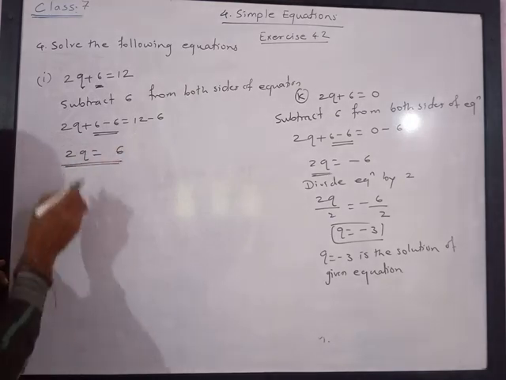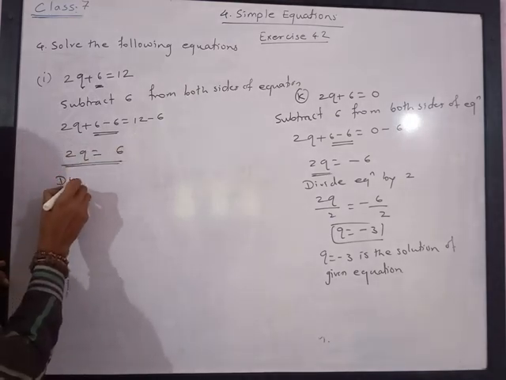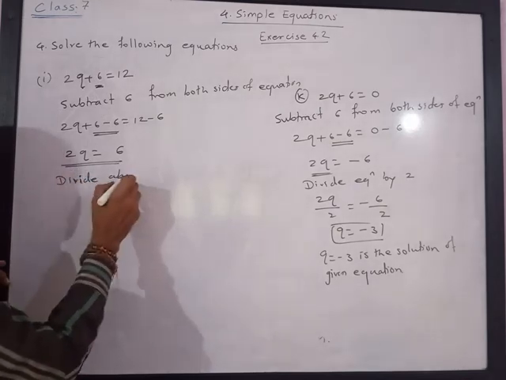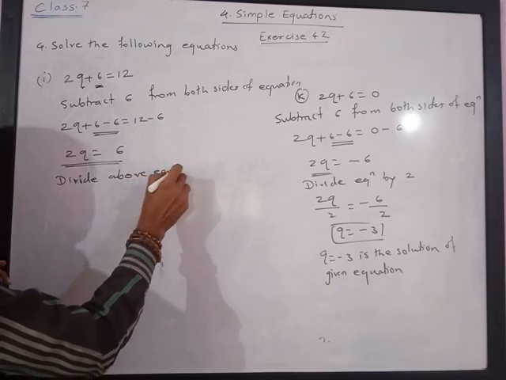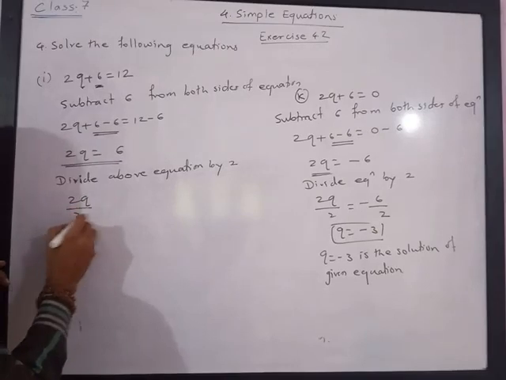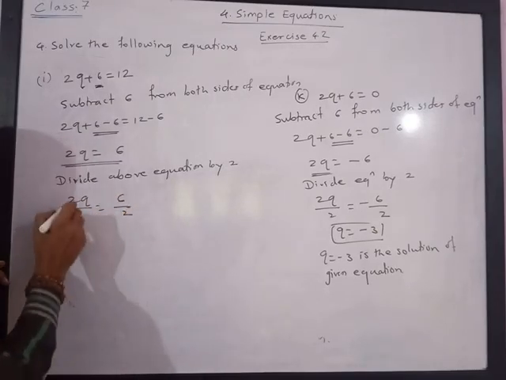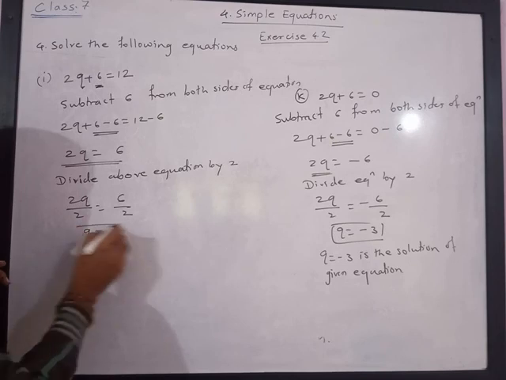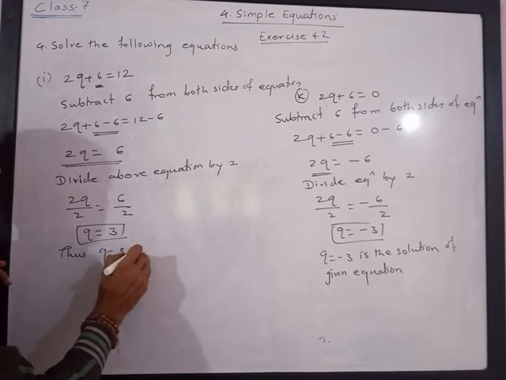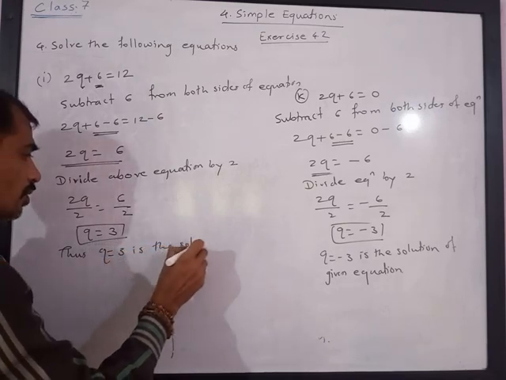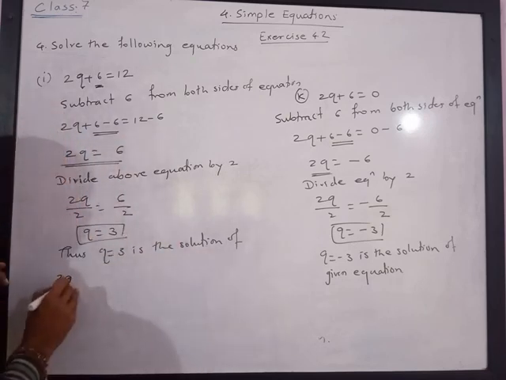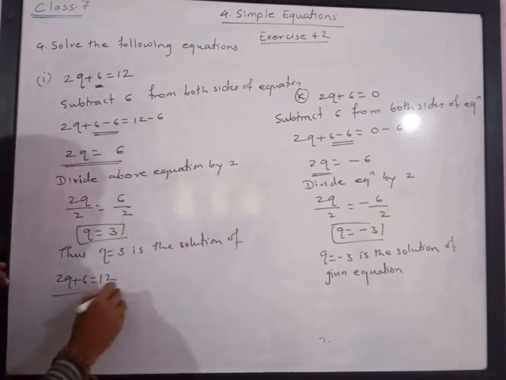Now to eliminate this 2, we have to divide the equation by 2. So you will get 2q upon 2 is equal to 6 upon 2. 2 eliminates 2. So we will get q is equal to 3. Thus q is equal to 3 is the solution of the given equation, or 2q plus 6 is equal to 12. You can write the equation itself.